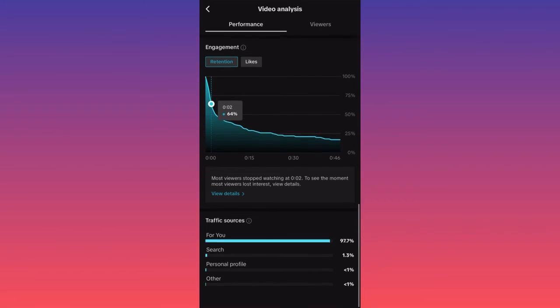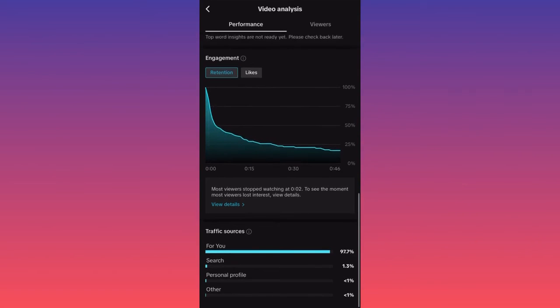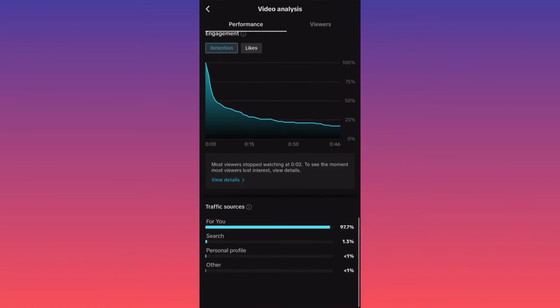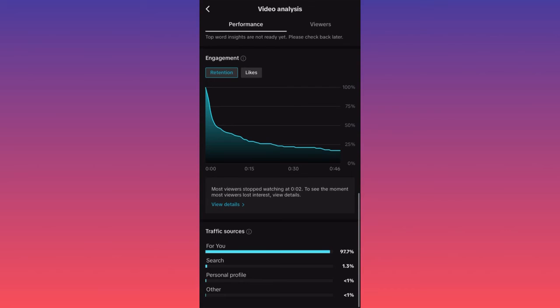So the retention graph represents how happy or sad people are with what they actually find out, because everyone comes with particular expectations. The last option over here is the traffic source: where your viewers found the video, watched the video, and how the video was promoted or served on the platform.